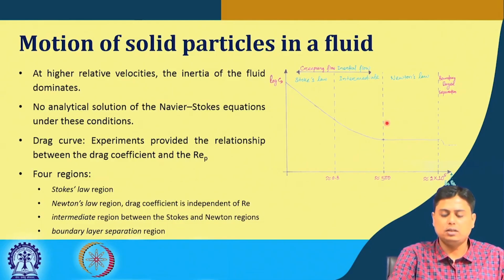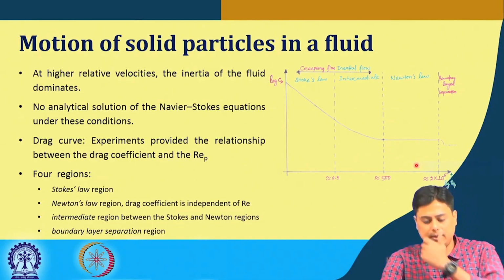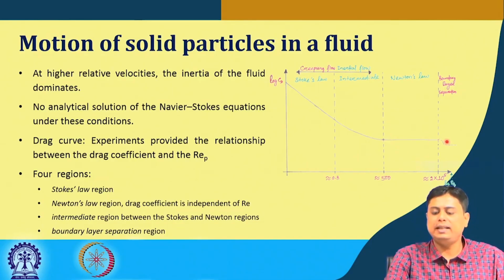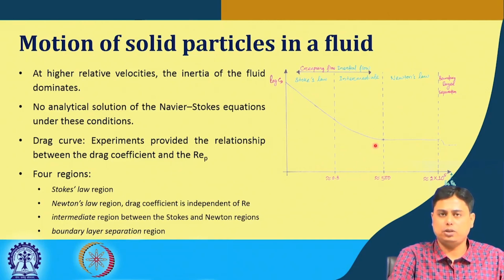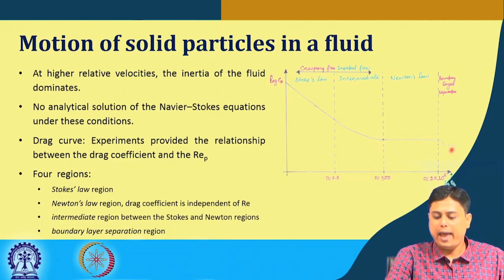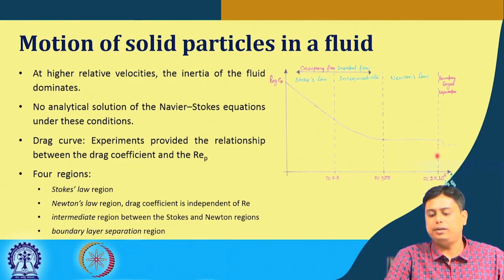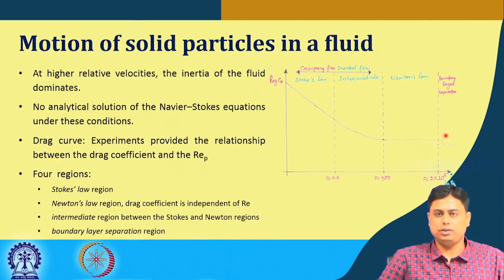Okay, that means in this Newton's law region you can see the drag is basically independent of the Reynolds number, it is a constant value. Okay. In between these there is some intermediate portion, okay. And outside this Newton's law region there is the boundary layer separation region.